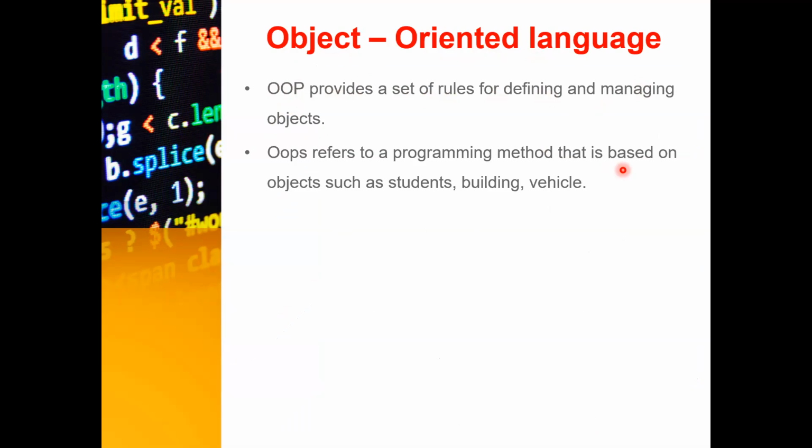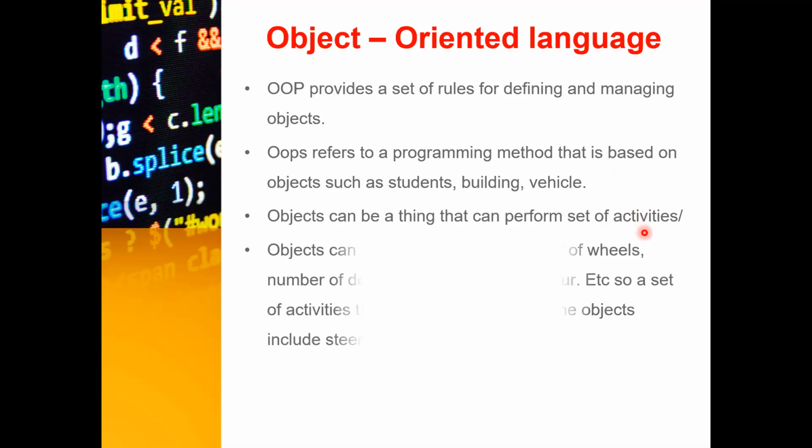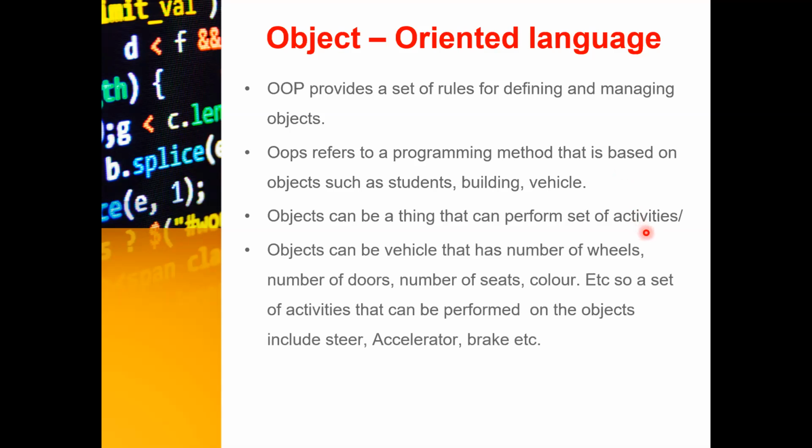For example, an object can be a thing that can perform a set of activities. An object can be a vehicle that has a number of wheels, doors, seats, colors, etc. A set of activities performed on the object includes steer, accelerate, brake, etc. Clear? Means these types of languages you can design for specific objects.